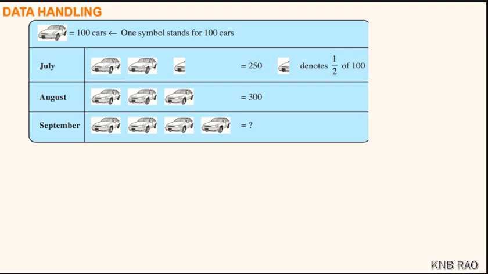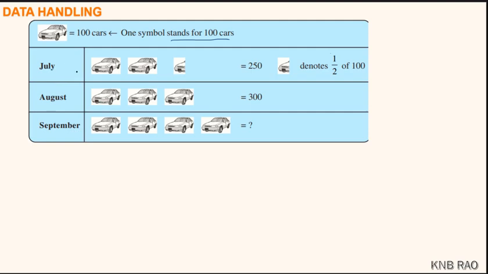Yes. Here in this pictograph, a picture of a car is depicted, where each picture stands for 100 cars. It may be the number of cars sold by a company in the respective months, such as July, August and September.